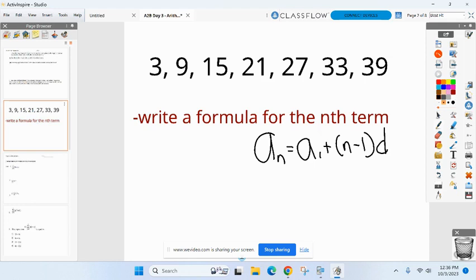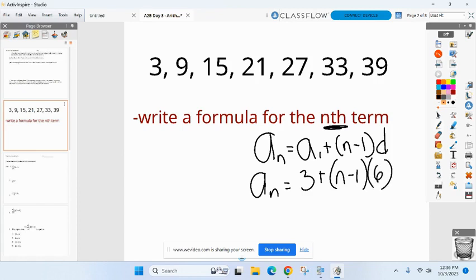If I'm looking for a formula for the nth term, I don't plug anything in for n. I just leave it. So this is going to stay a with a subscript of n. What's going in for a1? What's going in for n? Good, thank you. n minus 1 times 6.